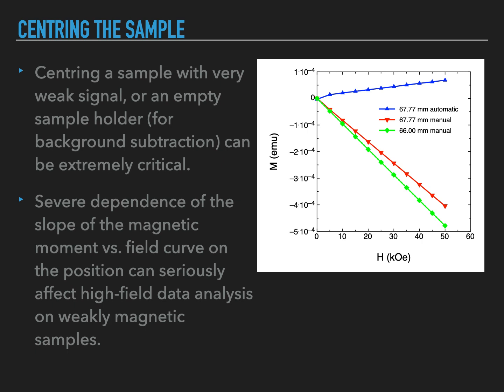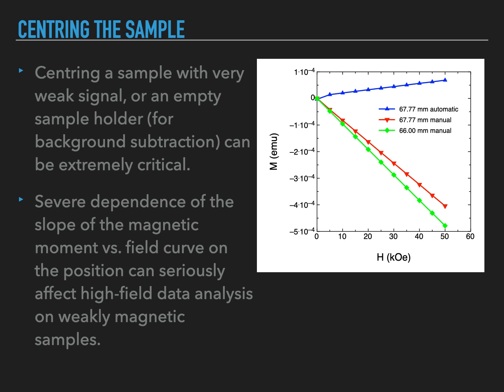So even if the automatic centering procedure fails, you can still try to use an educated guess to see whether you can manually center the sample in a position that seems adequate according to one of the peaks of the signal that you see. But unfortunately, it may not be so trivial.